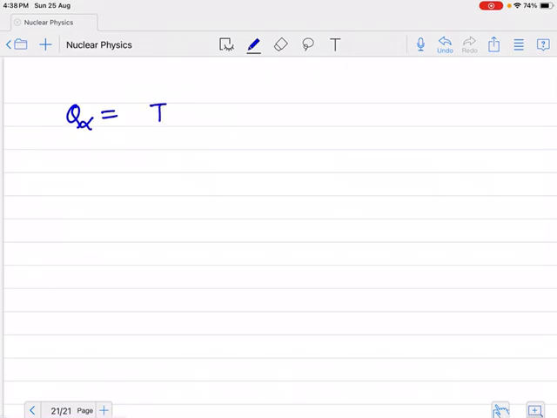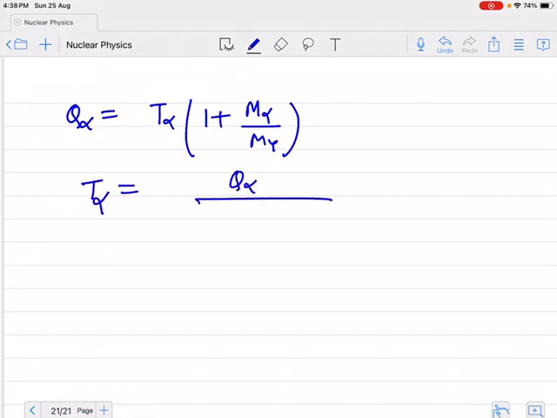Q alpha is T alpha times 1 plus m alpha upon m y. So the kinetic energy of the ejected alpha particle is this. T alpha in terms of Q alpha is this.